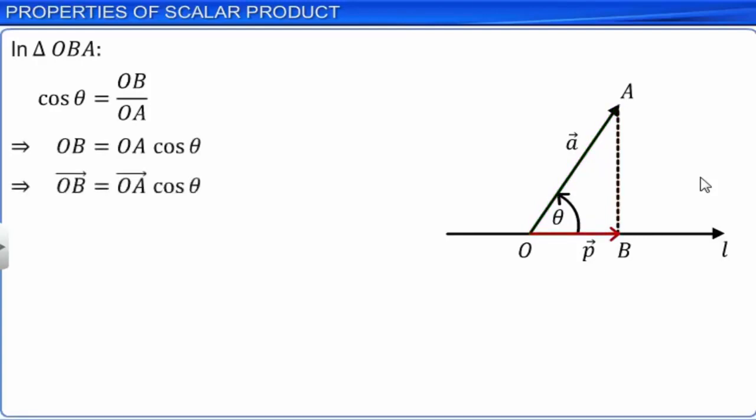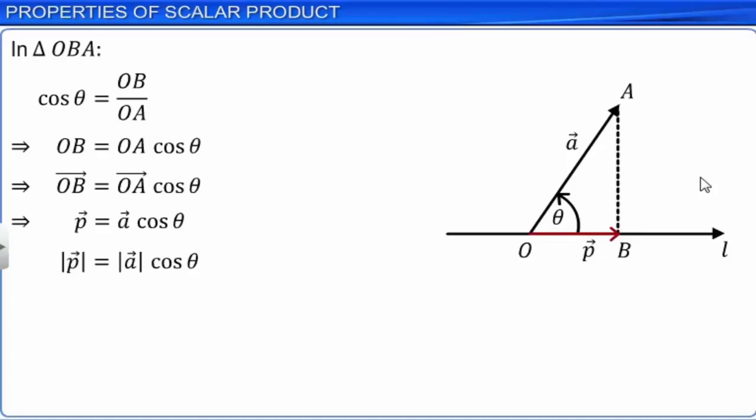Thus, vector OB or vector P is equal to vector A multiplied by cos theta. The magnitude of vector P is called the projection of vector A on line L and is equal to the magnitude of vector A multiplied by cos theta.